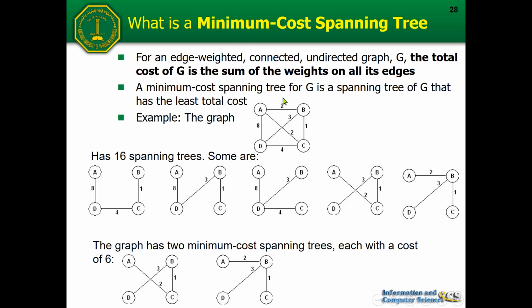So now, for example, if you have this graph, then the total cost will be the summation of these weights: 2 plus 3 plus 1 plus 2 plus 4 plus 8, something like that. Then the minimum cost spanning tree problem is to derive the spanning tree that has the minimum total cost. That will be the minimum cost spanning tree. Now look at this.